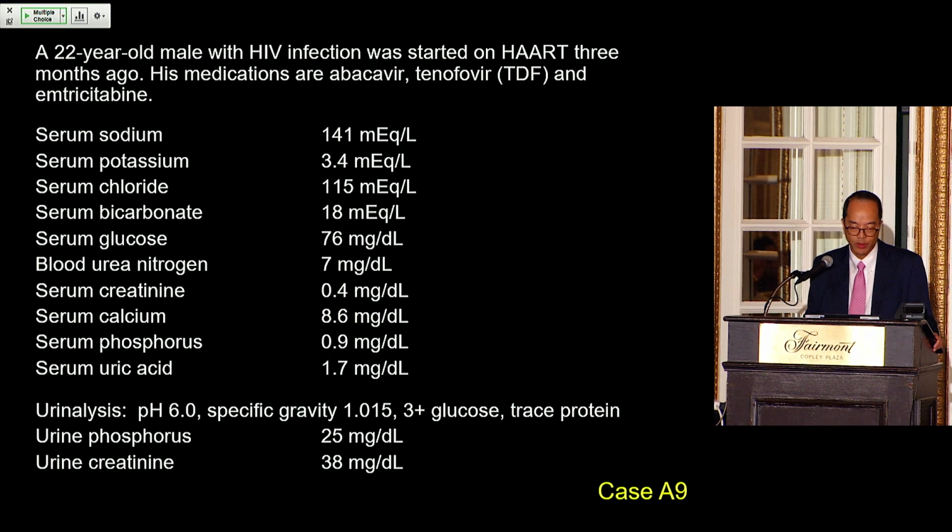Okay, next. A 22-year-old male with HIV infection is started on HAART therapy. He's on abacavir, tenofovir, and emtricitabine. His K is 3.4, bicarb is 18, BUN creatinine is 7 and 0.4, phos is 0.9, uric acid 1.7, UA shows pH of 6, specific gravity 1015, 3 plus glucose, trace protein, urine phosphorus is 25, and creatinine is 38.